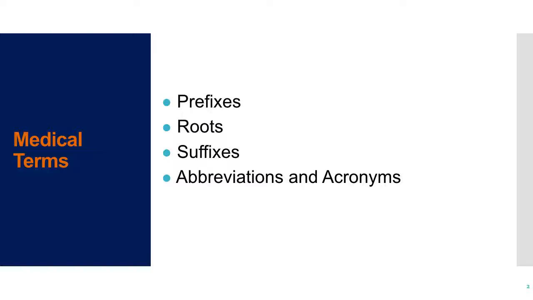That's because when you take Latin, Greek, French, Spanish, English terms, smush them all together, and have all these pieces and parts of prefixes, roots, and suffixes, these words get very, very long. So we end up using abbreviations and acronyms to communicate with each other. It's very important that you understand what those around you are saying.